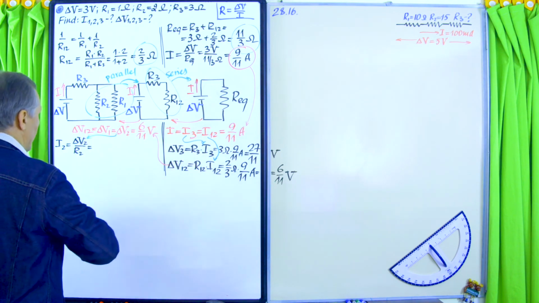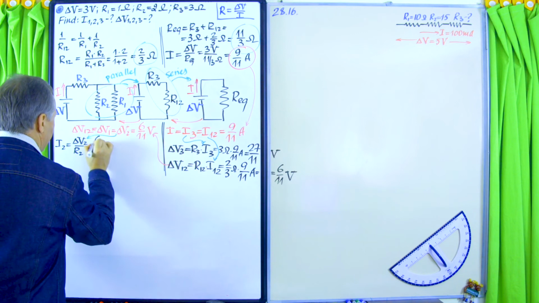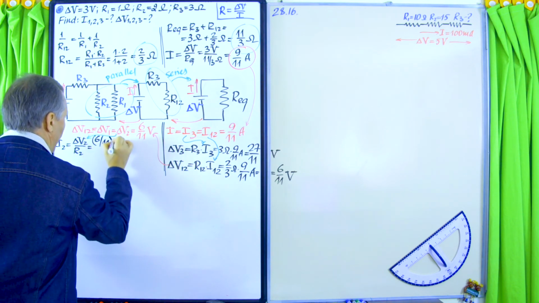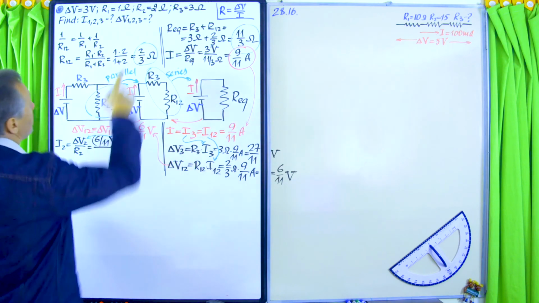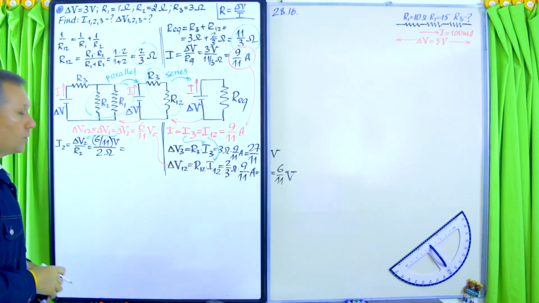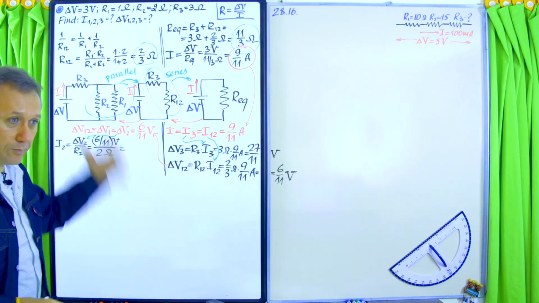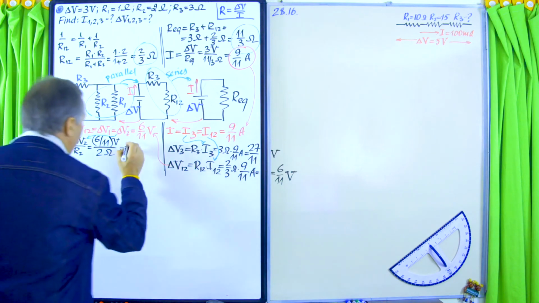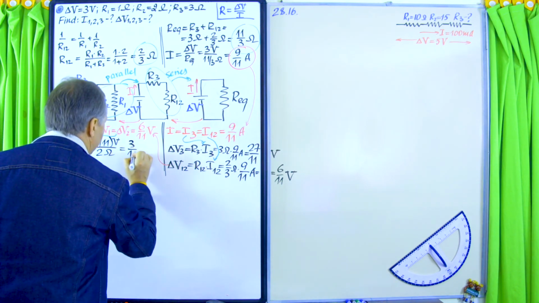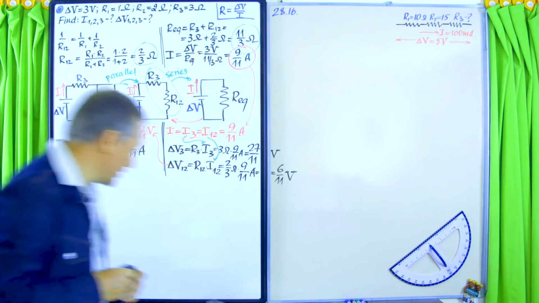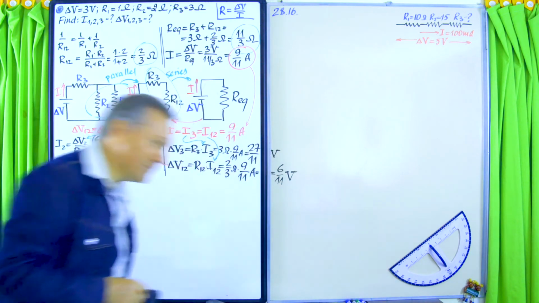So it will be 6/11 volts divided by resistance 2 ohms. So 6 and 2 partially cancel each other, giving us 3/11 amps. So that's the value of the current. Again, let me check to make sure: 3/11.